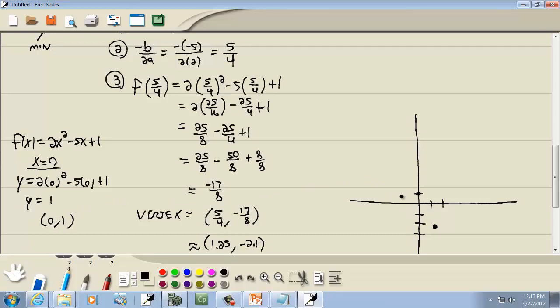So I come here and put a point. Now our axis of symmetry passes through this vertex, like that. I found this point, so I should have a little bit more of a curve right there than a straight line, but we'll pretend that's correct.